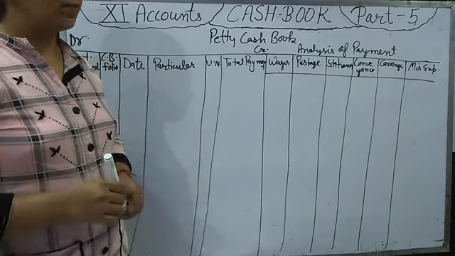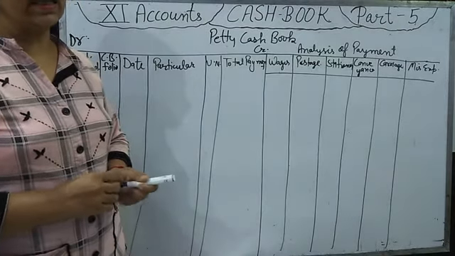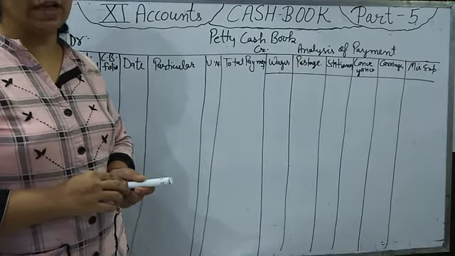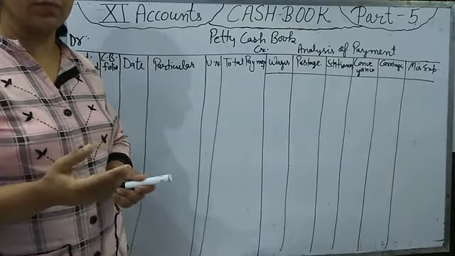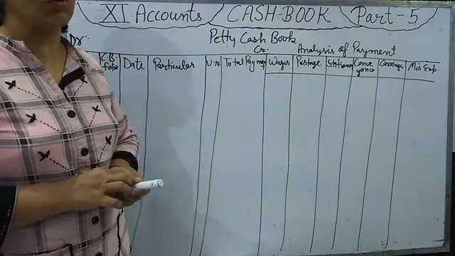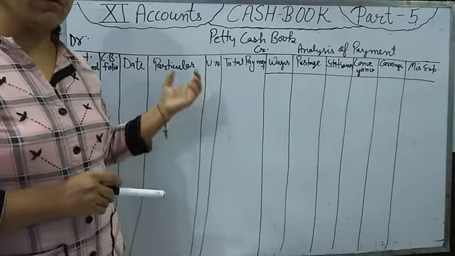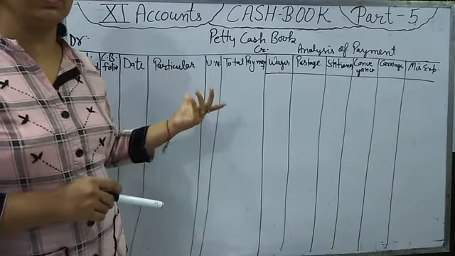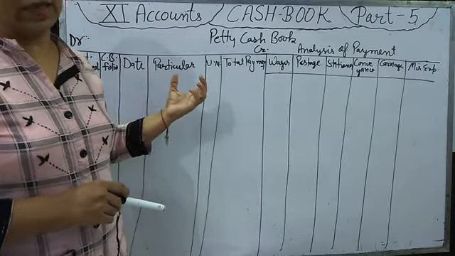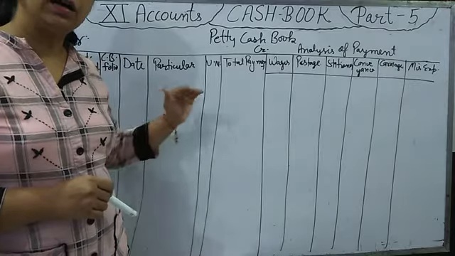What is the basic rule behind the petty cash book? At the starting of the month, one fixed amount is given to the petty cashier. One person is appointed to pay off these small expenses and keep the record of them. At the starting of the month, one fixed amount, say 1000 or 500, as given in the question, is given to the petty cashier to pay off the small expenses during the month.